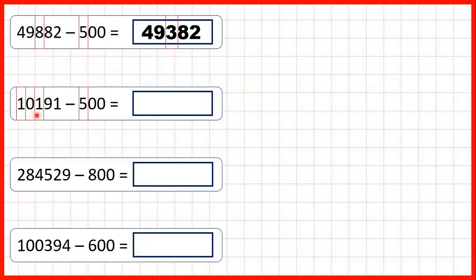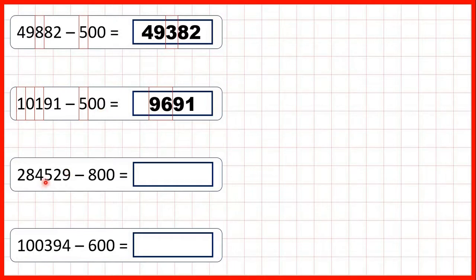That's 96. So our answer is 9,691. Because 101 minus 5 is 96, and then our tens and ones digits stay the same because we're not subtracting any tens or ones.